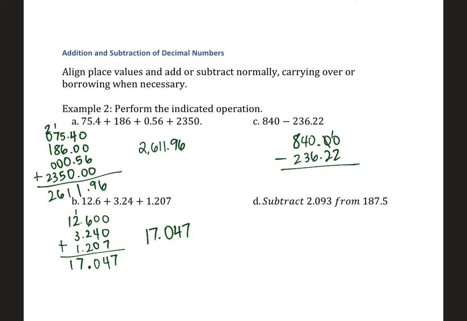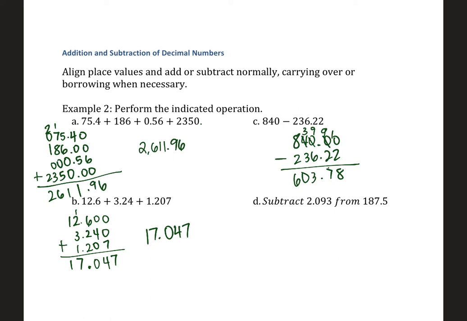So we have 10. This is going to borrow again, so that's going to be 9. This is going to be 9, and this is 3. 10 minus 2 is 8. 9 minus 2, 7. 9 minus 6, 3. 3 minus 3 is 0. 8 minus 2 is 6. 603.78.